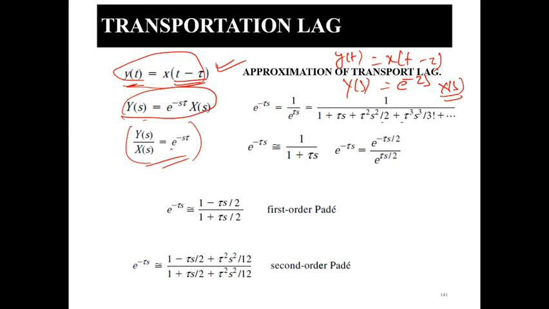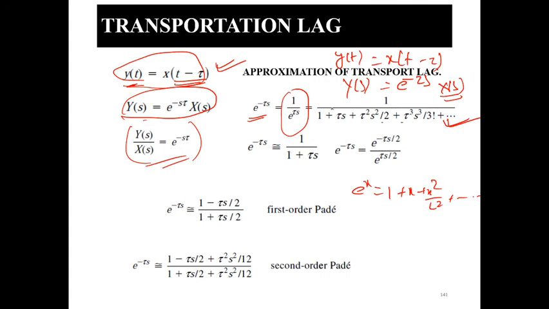Now see the magic of the mathematics. e to the power minus tau s may be written as 1 upon e to the power tau s, and e to the power x is written as 1 plus x plus x square upon factorial 2 plus and so on. But let's say e to the power minus tau s we have written like this, 1 upon 1 plus tau s. How?